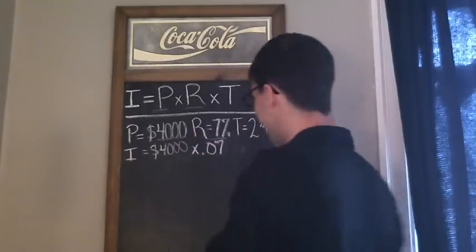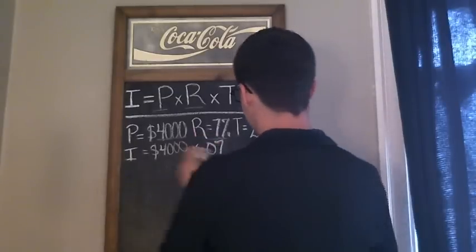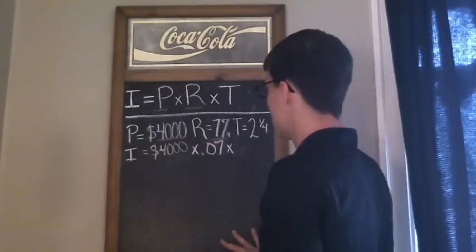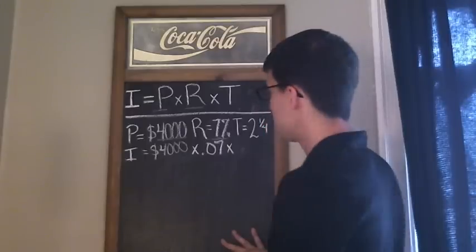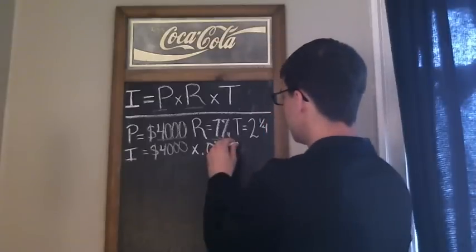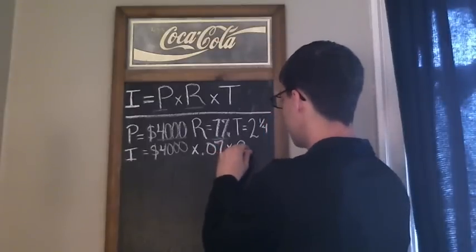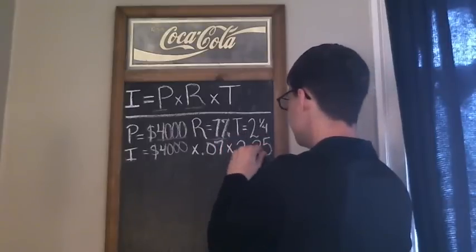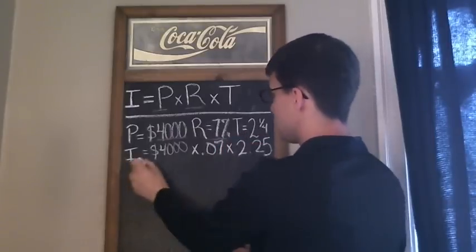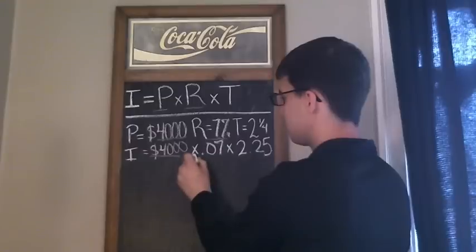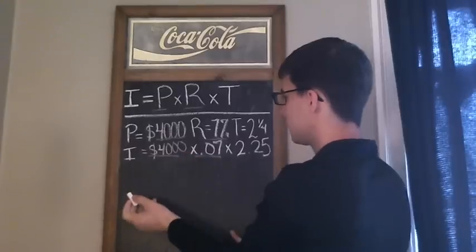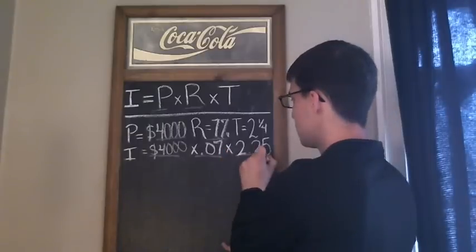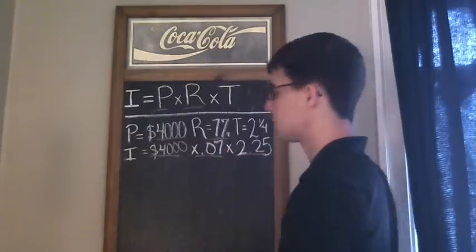Right, everyone? Okay. And then our time, we're also going to put in decimal format, so it would be 2.25 for 2¼ years. So our principal, 4,000, times our rate, 0.07, times our time, which is 2.25.